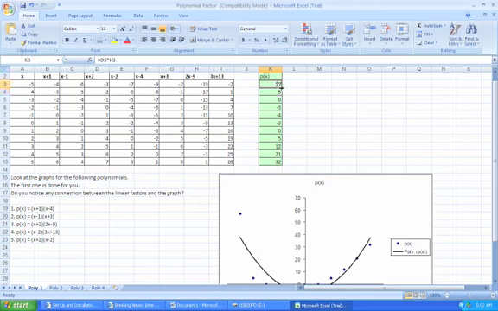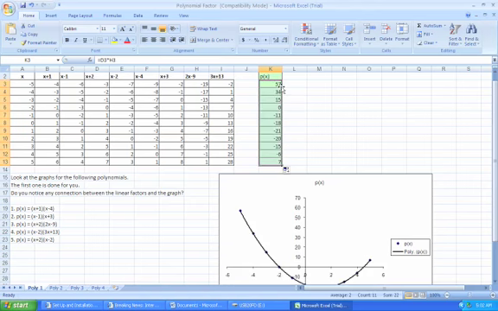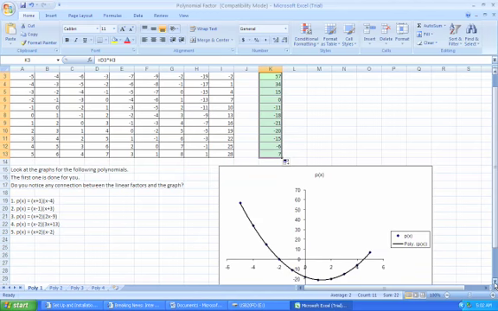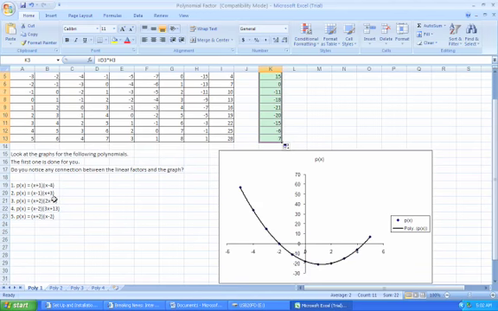Now to get that formula to fill down in our P of x column, I double click. You'll notice that not only did the y values or P of x values change, but so did our graph down below. And again, we'll take a look and say, what relationship is there between the x plus 2 and the 2x minus 9 that might give us a clue about what's happening.